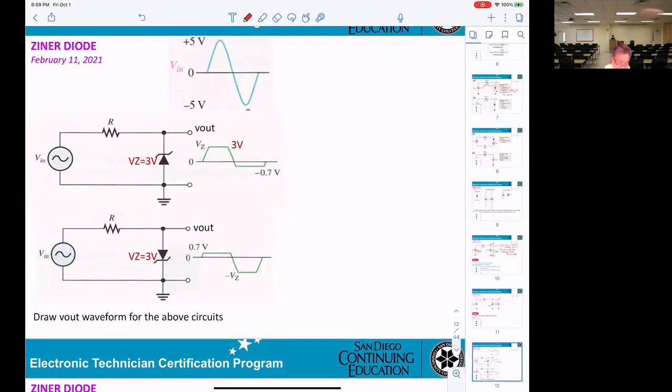For the input, positive here, basically they are 5 volt and the Zener will break it down to only 3 volt right here. You see that? Higher than 3, they break it down.